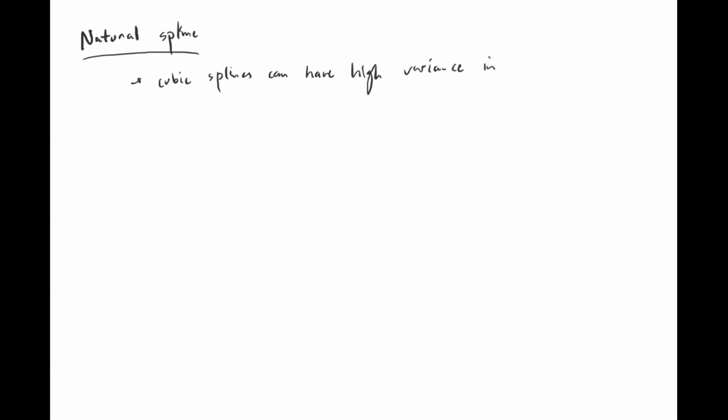So we've been talking mainly about these cubic splines, which are not, I would say, quite as popular anymore because of some of these improvements. So natural splines. Cubic splines can have high variance in outer ranges of predictors.